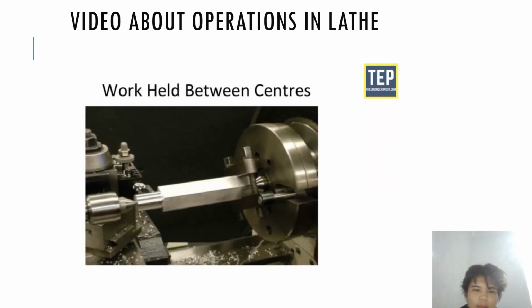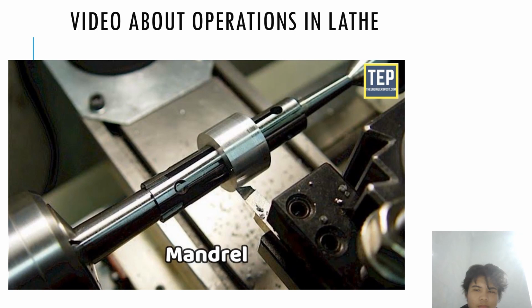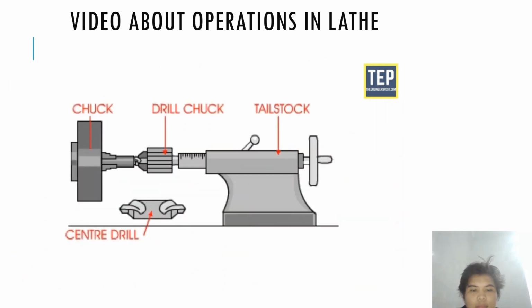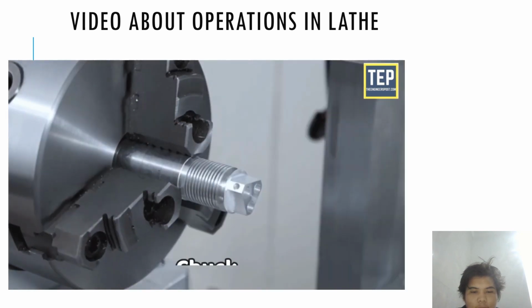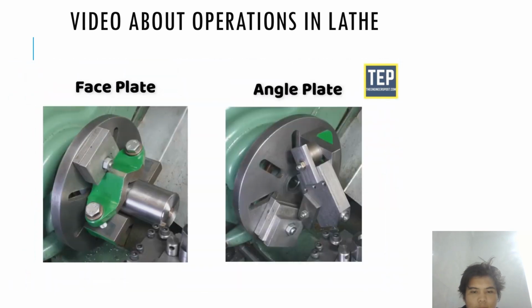Workpiece held between centers and tool driven by carriers and catch plates. 2. Workpiece held on a mandrel, which is supported between centers and driven by carriers and catch plates. 3. Workpiece is held and driven by chuck, with the other end supported on the tailstock center. And 4. Workpiece is held and driven by a chuck, or a faceplate, or an angle plate.